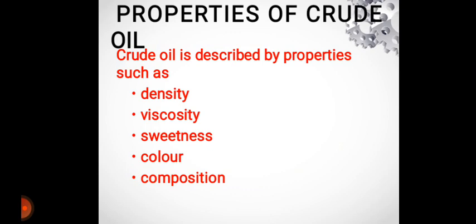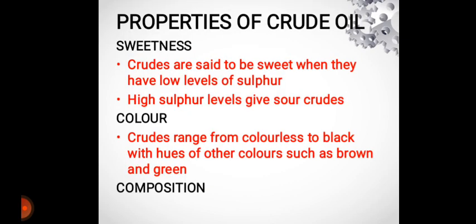Crude oil is described by properties such as density or specific gravity, viscosity, sweetness, color, and composition. Now let us look at each of these properties one by one, starting with sweetness.